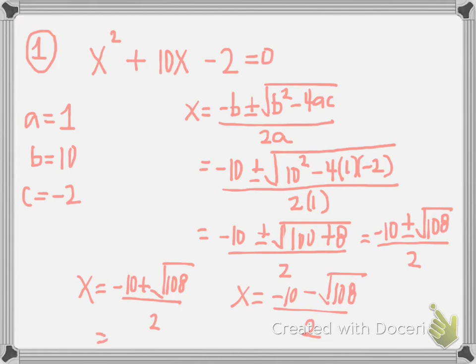If you plug this in the calculator, negative 10 plus the square root of 108 all over 2 is going to be 0.196, which will be 0.2. And then this one over here, negative 10 minus the square root of 108 all over 2, will be negative 10.2.